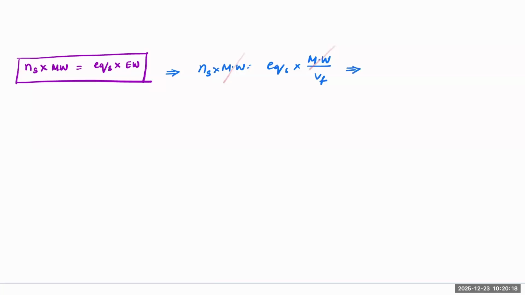So the number of equivalents of a solute is always equal to number of moles of solute into valency factor. Is this point clear? Yes, sir.